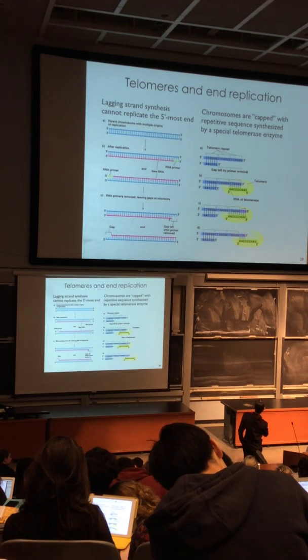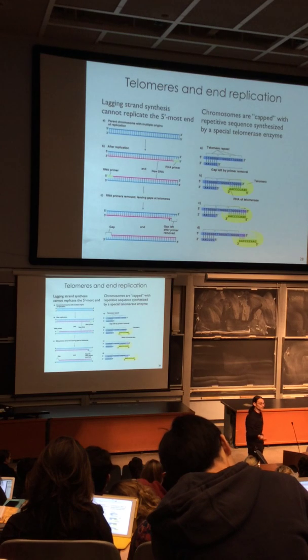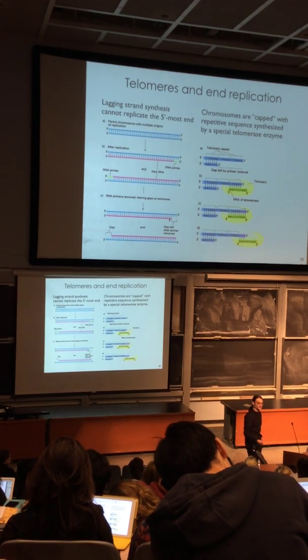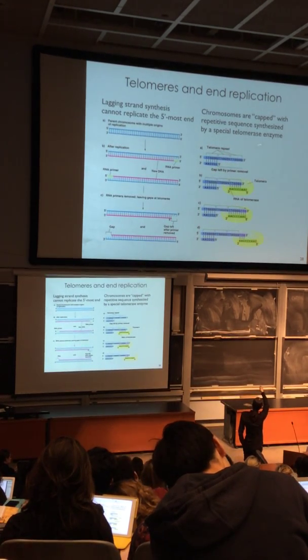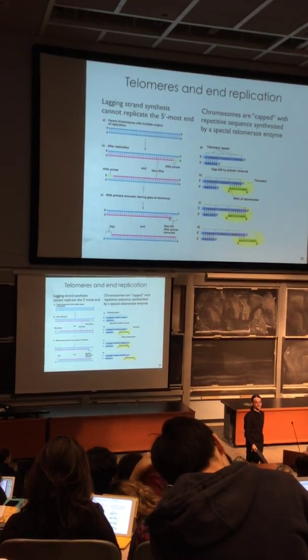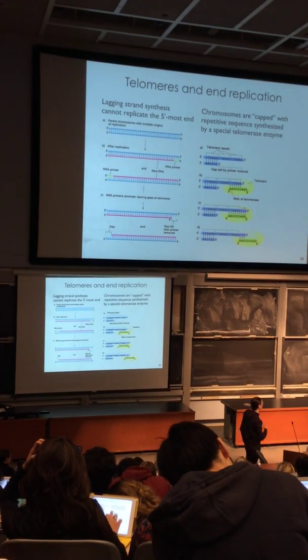That's added by telomerase, and so you still have this gap left by primer removal when polymerase replicates to the telomeres, but it doesn't matter because there's no useful information here, and telomerase can go back and re-add a new sequence to the ends. This is how eukaryotic cells solve the end replication problem.